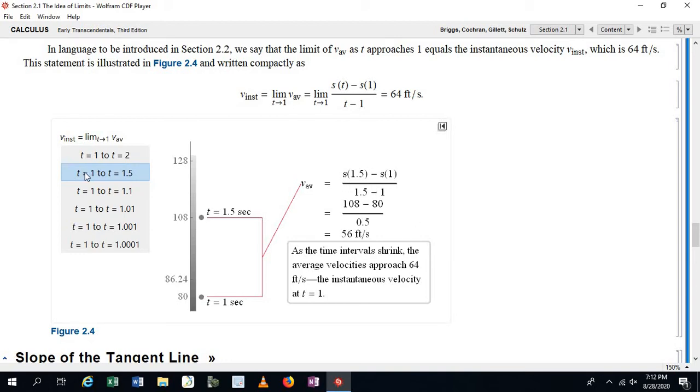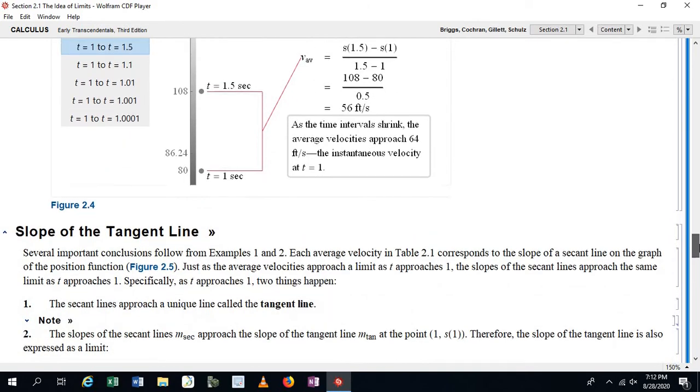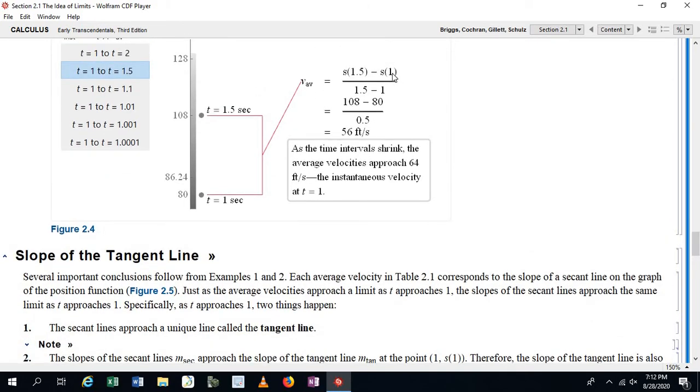Okay, so if you find the average velocity between these two times, at 1.5 seconds, the object is at the 108 foot mark, minus its position at 1 second, which is still 80, so it's traveled 28 feet, but over the course of 0.5 seconds. And so that turns out to be an average velocity of 56 feet per second between these two time periods. And this is a better estimate for the instantaneous velocity when t is equal to 1.